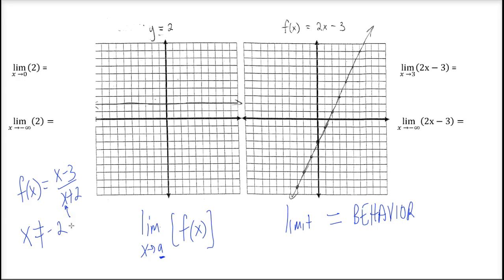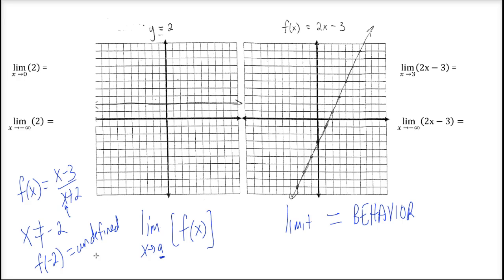And we know that anything divided by 0 is undefined. So when we evaluate this function at negative 2, we're going to get what's called an undefined result. But that does not tell us what the limit of the function is.